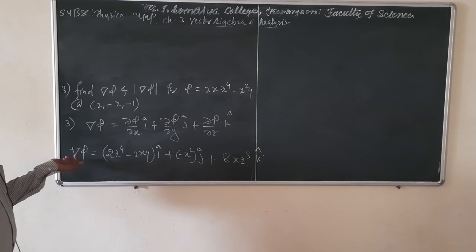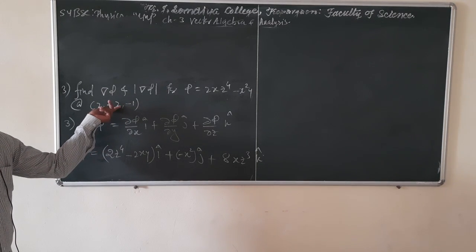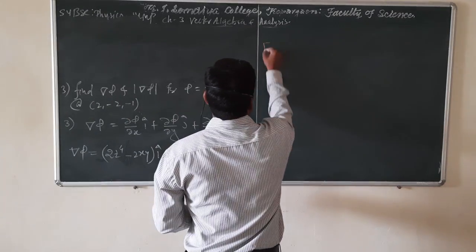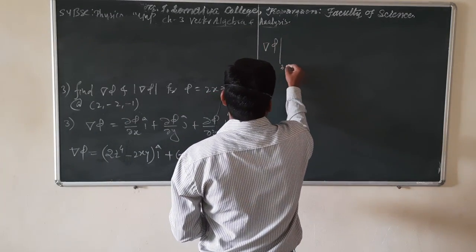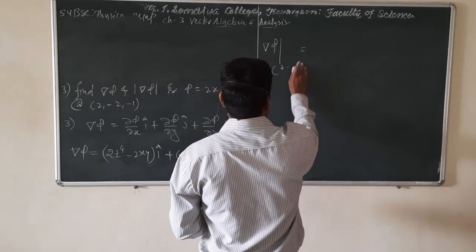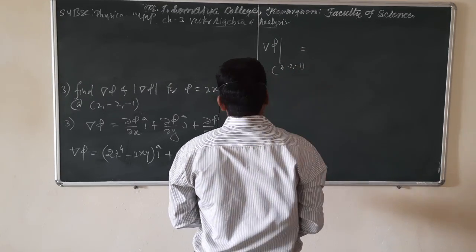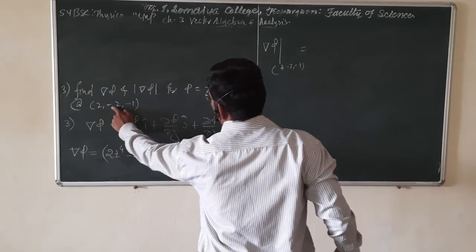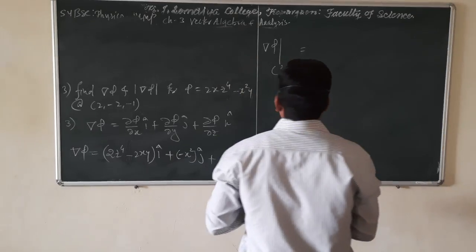To find gradient of phi at 2, minus 2, minus 1, we have to put the value of x as 2, y as minus 2 and z as minus 1.